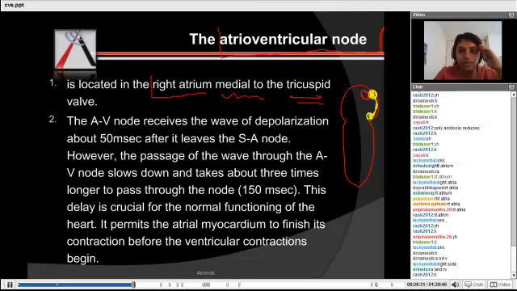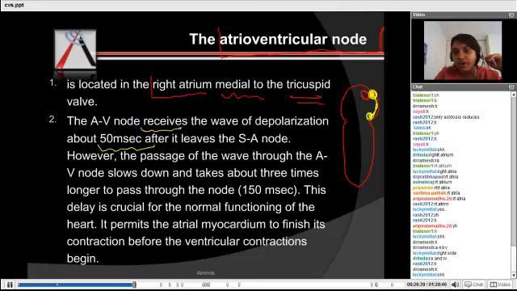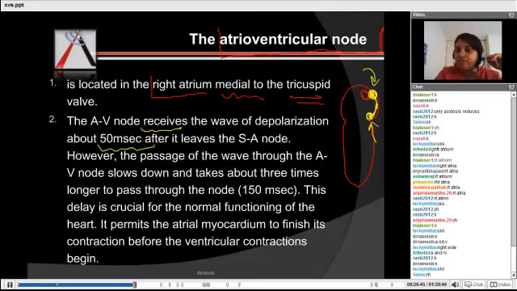Now the AV node receives a wave of depolarization about 50 milliseconds after it leaves the SA node. We already saw that the SA node generates impulses and sends them to the AV node. But the passage of the wave through the AV node slows down, and it takes about 3 times longer to pass through the node.